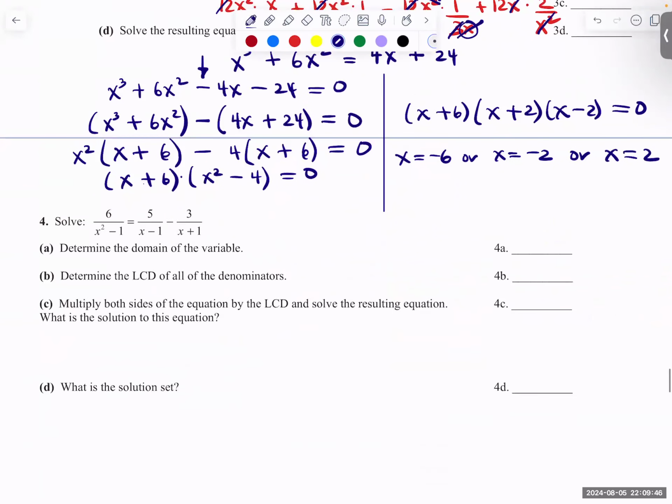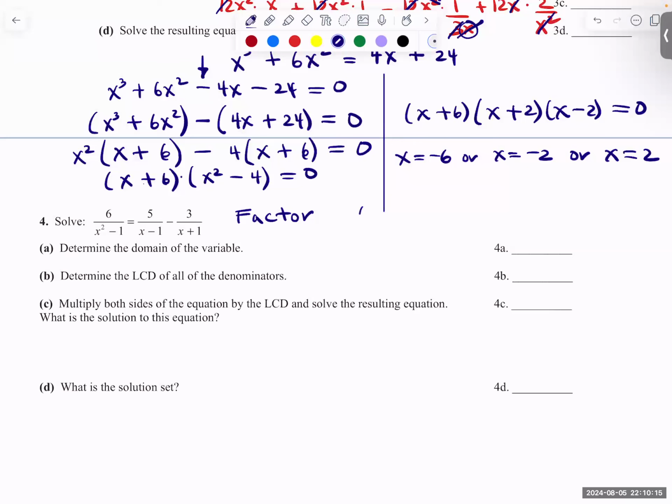Number 4, solve the rational equation by first factoring the denominator where possible. It's our first step, because to determine the least common denominator, we need to have prime polynomials in the denominator. So let's first factor x squared minus 1, which is a difference of two squares.